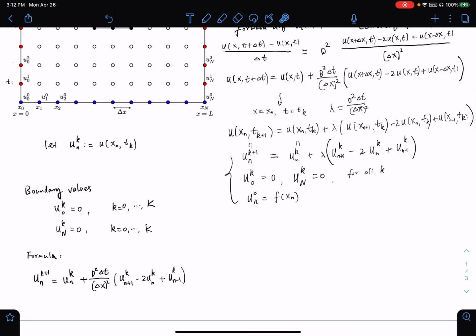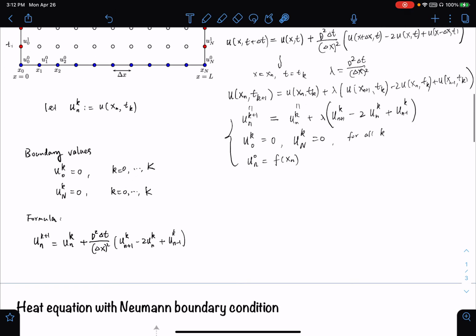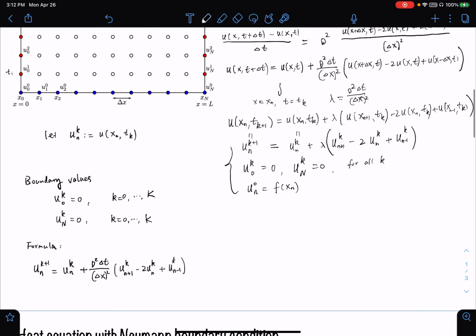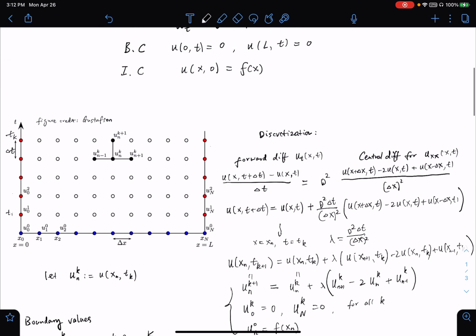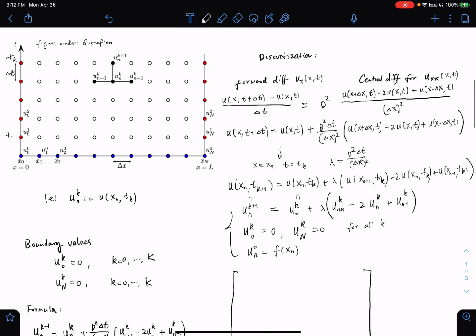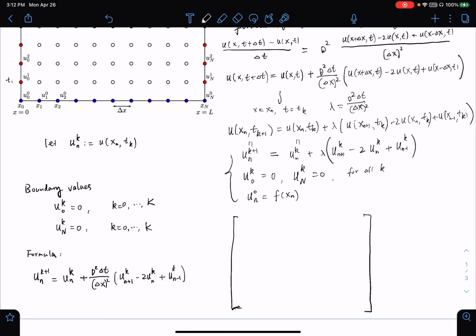For implementation, you can, for example, store the values u_n^k in a matrix. And you can initialize the matrix with the known values specified by the boundary condition and initial condition. In particular, for the first row, the initial conditions are known.